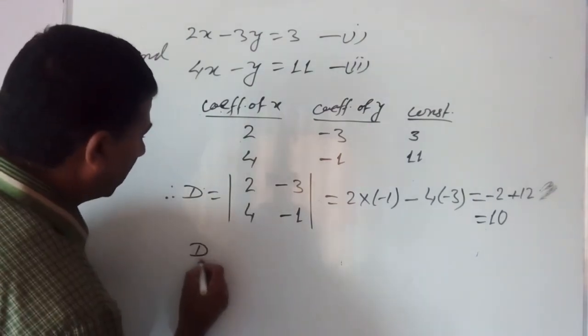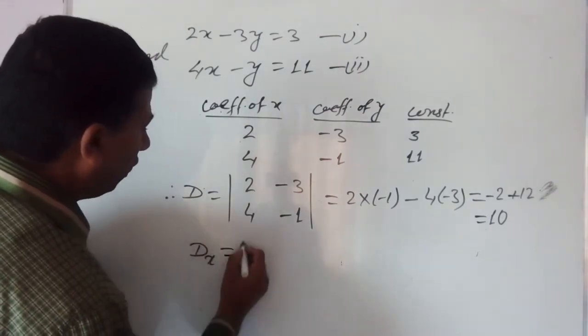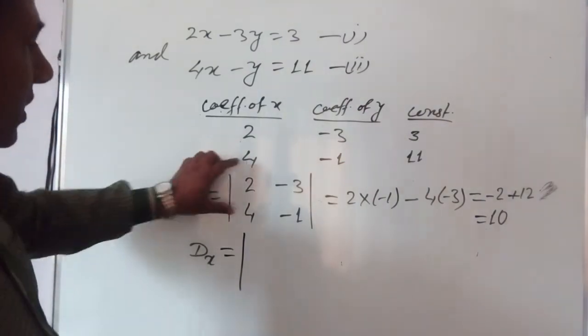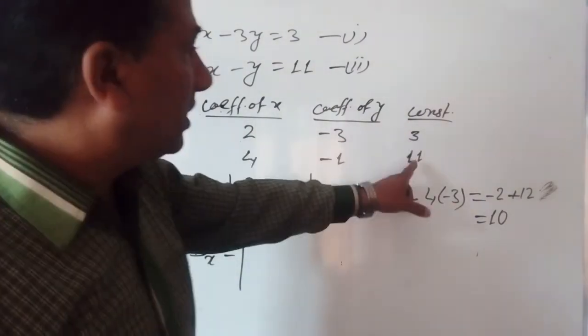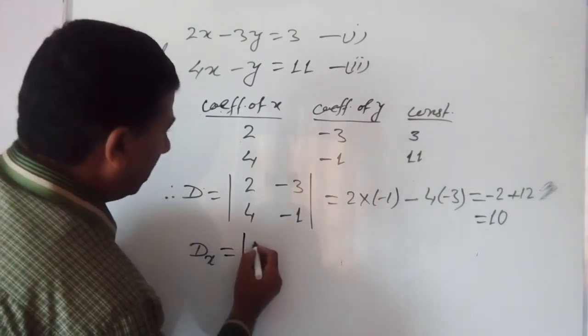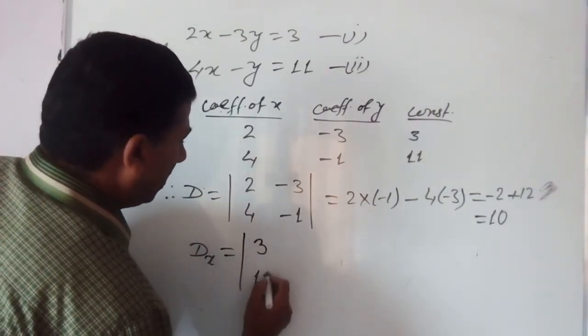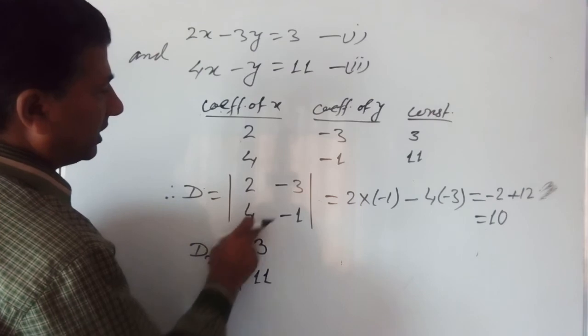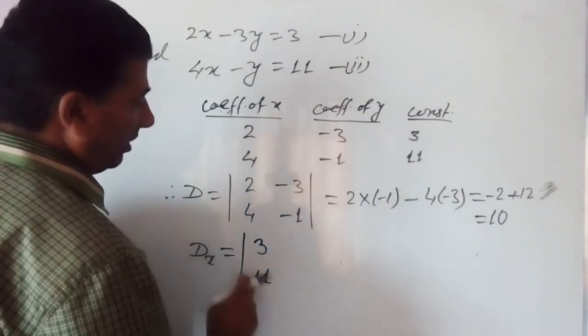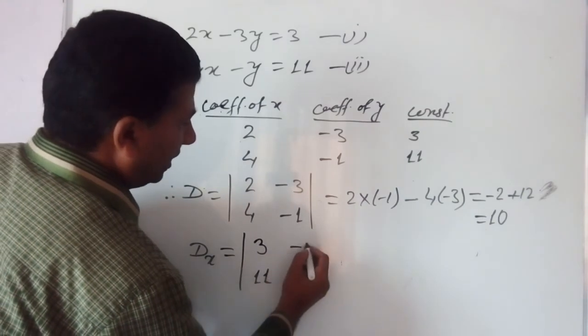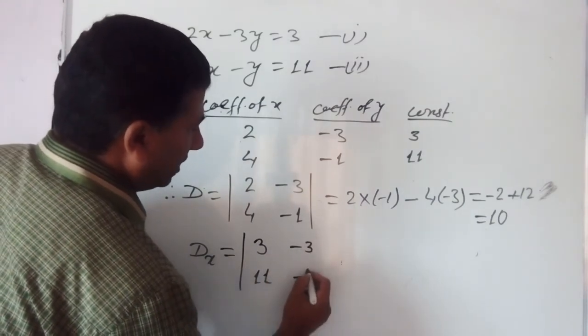To find dx, replace the coefficient of x by 3, 11. We replaced the coefficient of x by the constant terms 3 and 11. The coefficient of y, minus 3, remains the same.